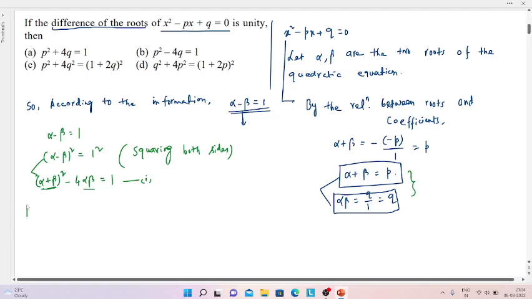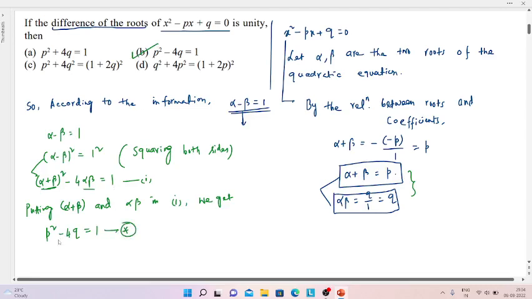So putting alpha plus beta and alpha beta in 1, we get, can you tell me again, p square minus 4 times q, right, which equals 1. So here you can see that option B is exactly the same as this particular option, right?